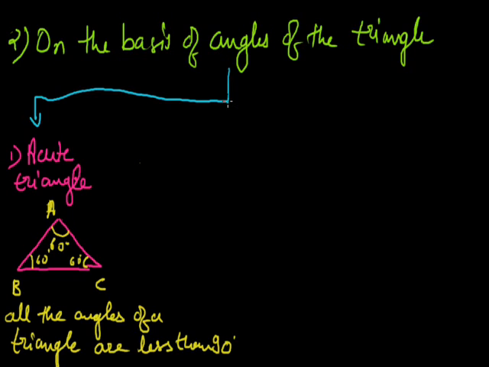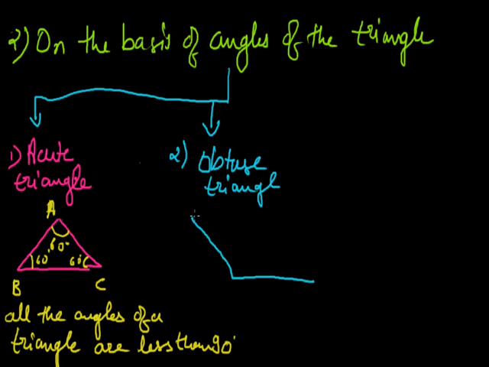Now the second type of triangle on the basis of angles is the obtuse triangle. If one of the angles of the triangle is greater than 90 degrees, then this type of triangle is known as an obtuse angle triangle.